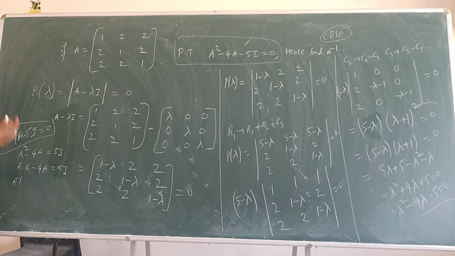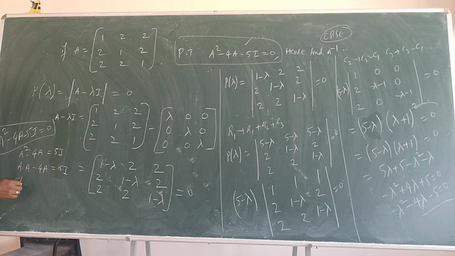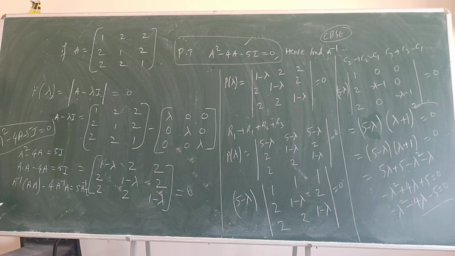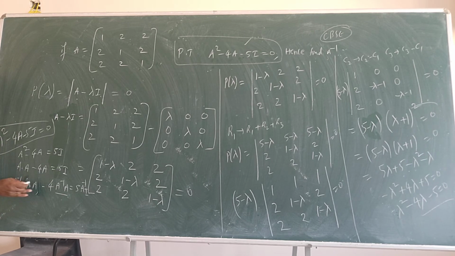Post-multiply means after, pre-multiply means before. A inverse into A into A minus 4 into A inverse A is equal to 5 into A inverse I. A inverse A is I, and here also A inverse A is I.